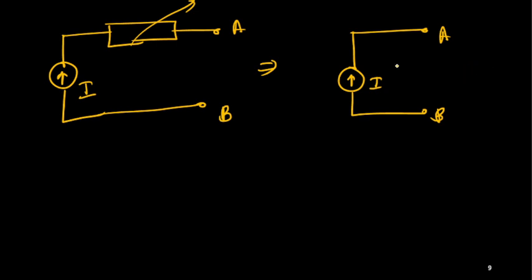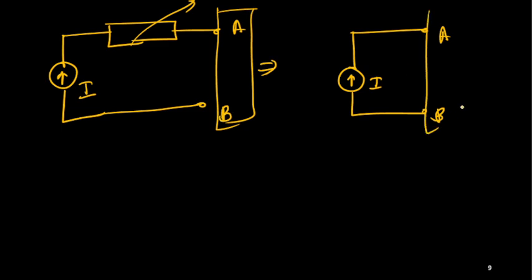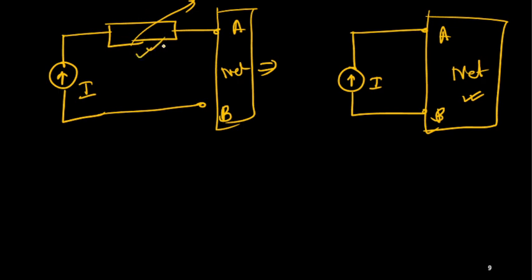I will get the same effect in the network connected here. The removed element could be a voltage source, a resistance, or a combination of voltage source and resistance, anything. But of course not a current source.